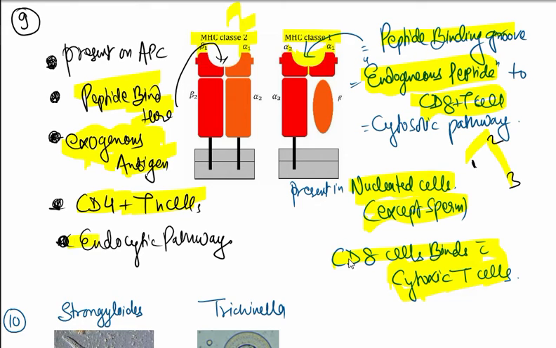And this is the endocytic pathway presentation of the peptide. This is present in antigen presenting cells. So again the mnemonic is here: 2 hands are required to hold foreign peptide, so alpha 1, beta 1, and foreign peptide, so CD4 has the role.